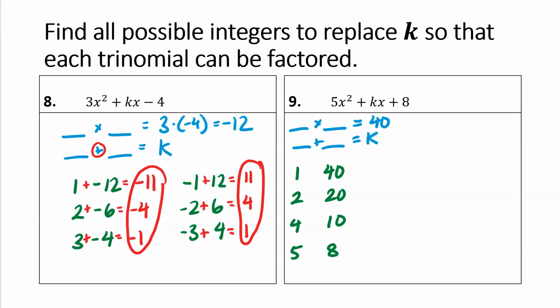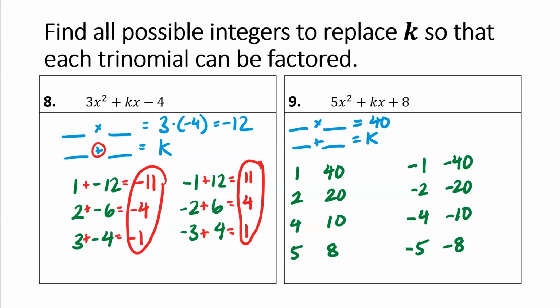But we can't forget, to multiply to a positive number, you can also multiply two negatives. So other pairs could be -1 times -40 is 40. -2 times -20 is 40. -4 times -10 is 40. And -5 times -8 is also 40.